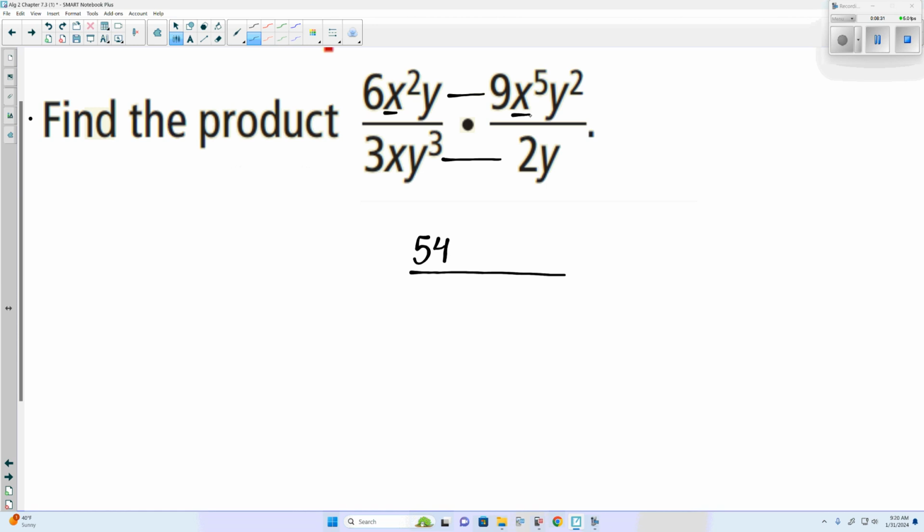X squared times x to the 5th is x to the 7th, because when we multiply like bases, we add the exponents. Y times y squared would be y to the 3rd, because our y without an exponent is y to the 1st, and y to the 2nd, so 1 plus 2 gives us 3.